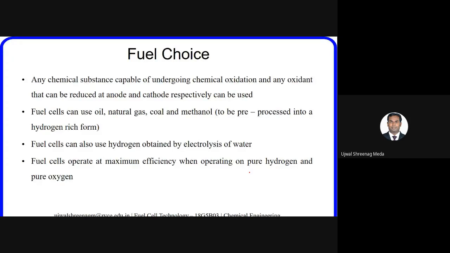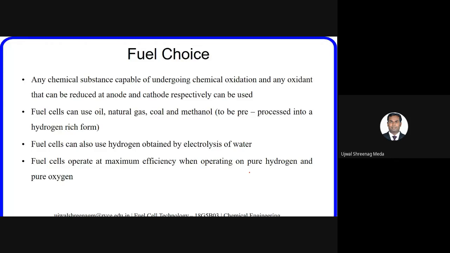However, if it is a fuel other than hydrogen, you should subject it to pre-processing so that we get hydrogen. Ultimately, it is the hydrogen-rich gaseous mixture that enters the fuel cell. And the hydrogen that is required can also be generated by splitting water. By subjecting water to electrolysis, we can generate hydrogen. Such hydrogen can also be used in a fuel cell.